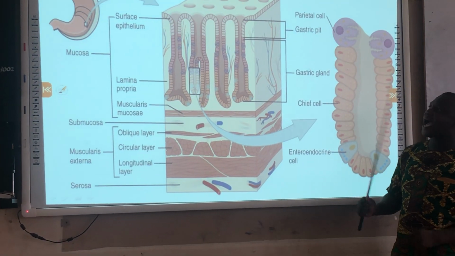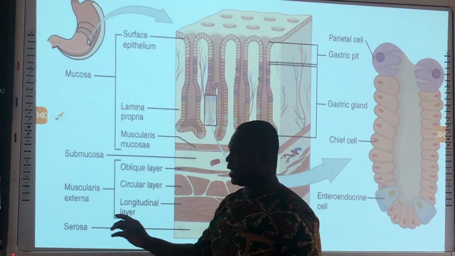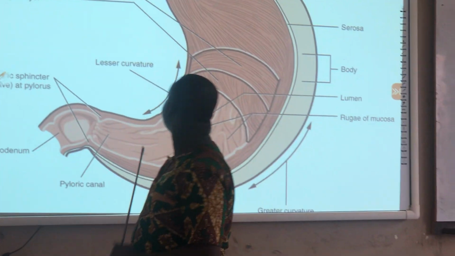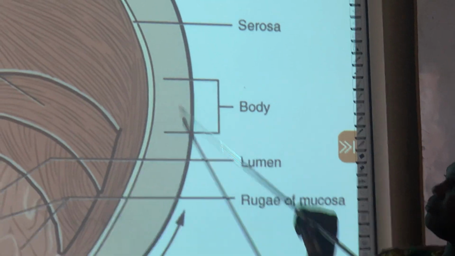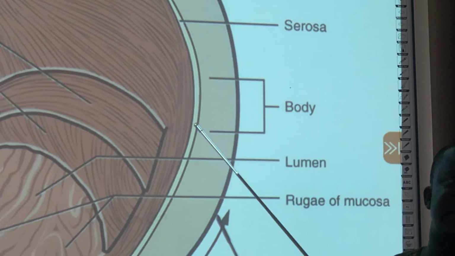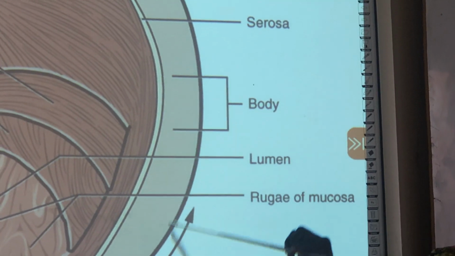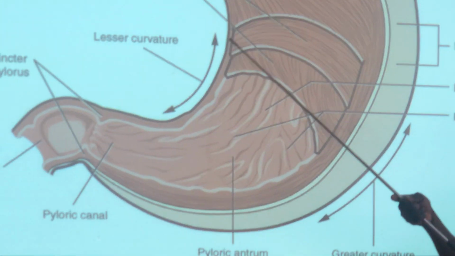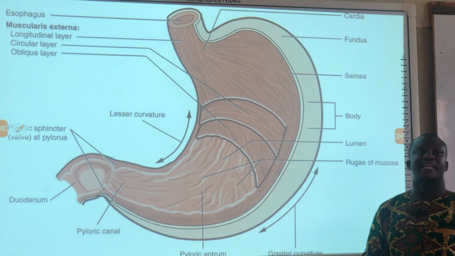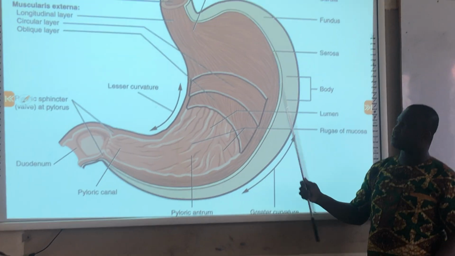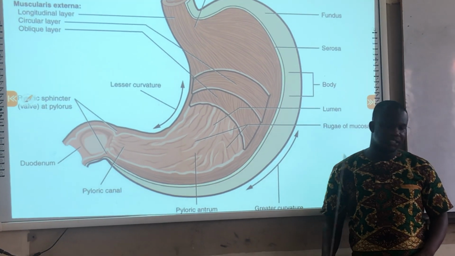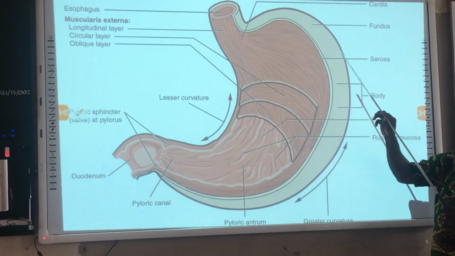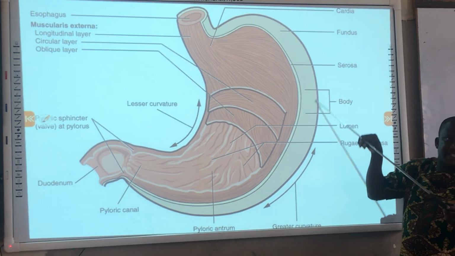Now, the last part of the stomach is the body. If you look at the body, this is the body. The body is made up of greater curvature and lesser curvature. We all know that the body forms the largest portion of the stomach. Why? Because the body tends to the right.